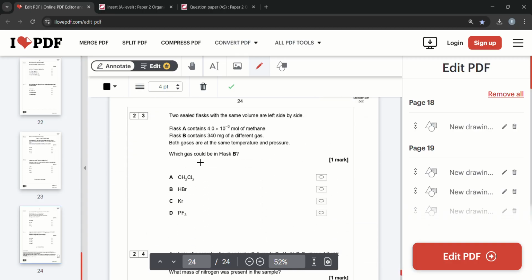Question 23. Which gas could be in flask B? Two flasks with the same volume are left side by side. Flask A contains this many moles of methane, flask B contains this mass of a different gas. Both gases are at the same temperature and pressure. Which gas could be in flask B?